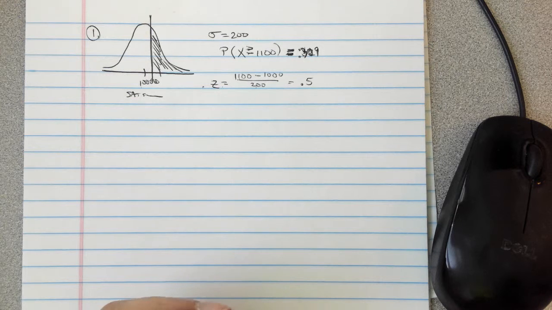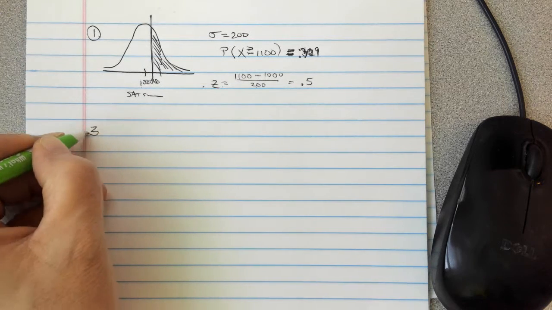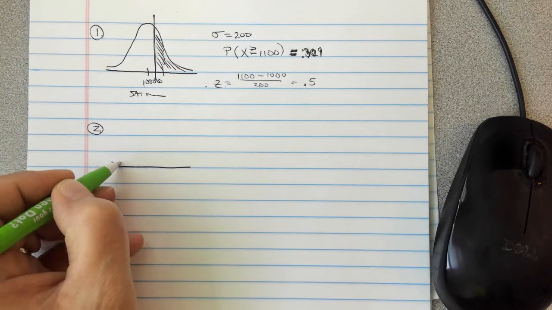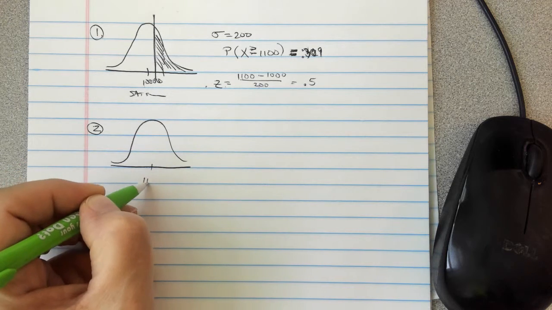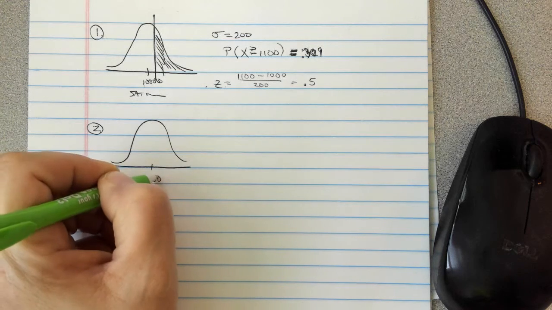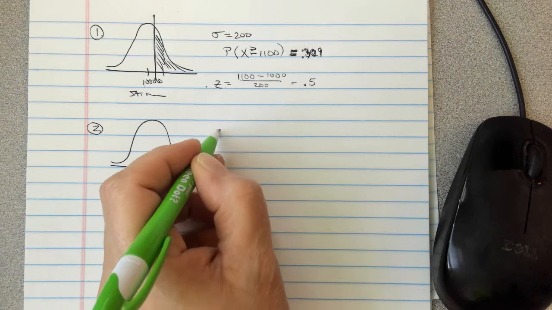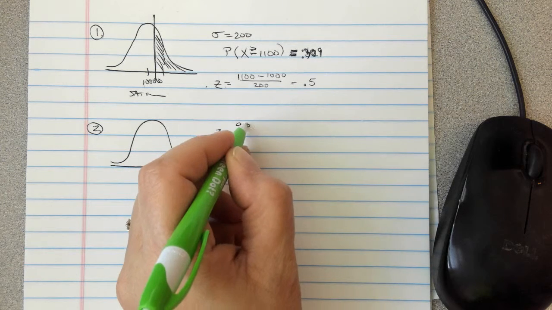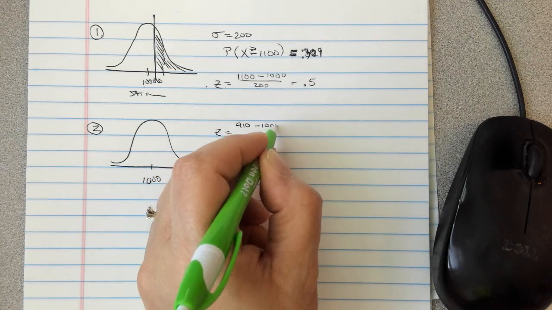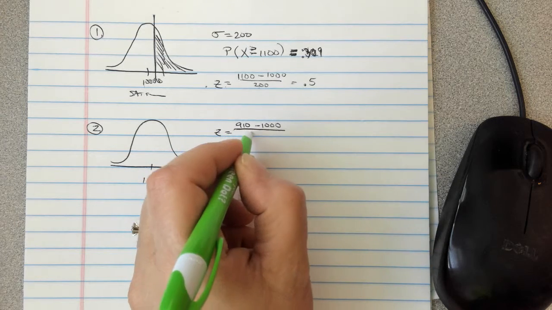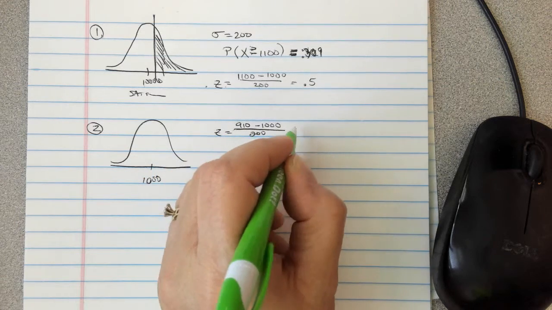Fun stuff. Okay, number 2, for this hypothetical SAT distribution, what's the probability of a student scoring 910 or lower? Okay, well, same picture. The mean is 1,000. We want to know where 910 is, so let's find a z-score. 910 is the observed score, minus 1,000 is the mean, over the standard deviation of 200.